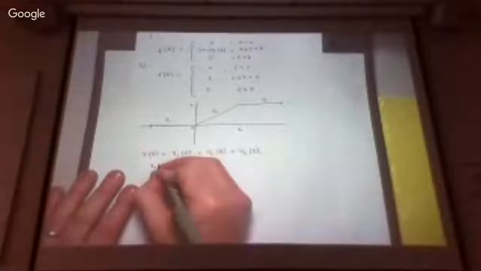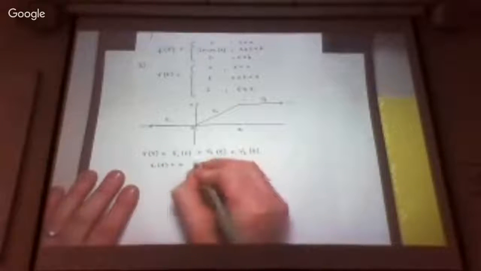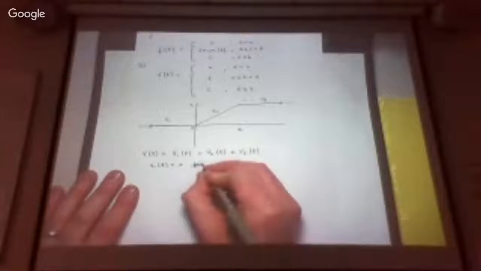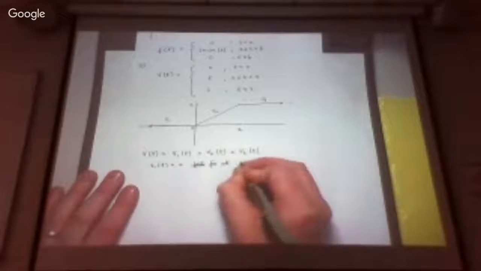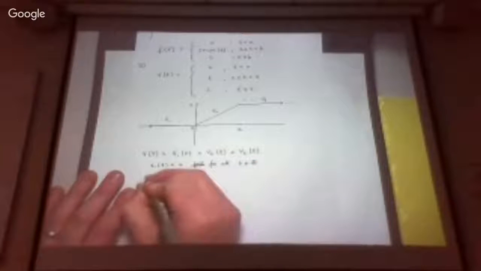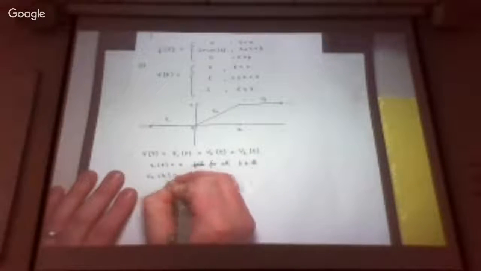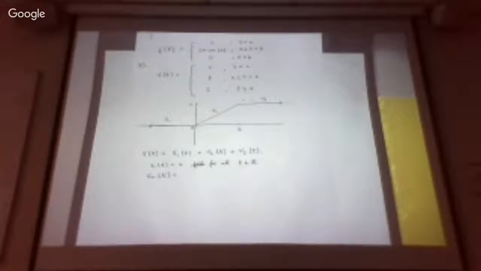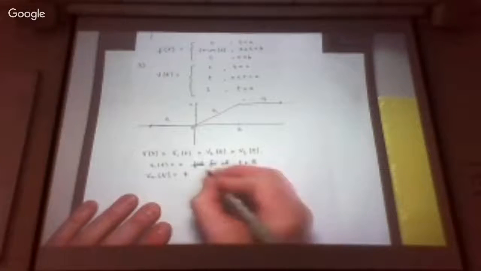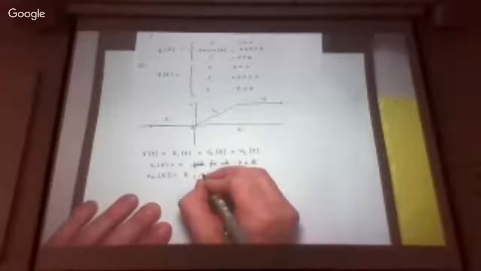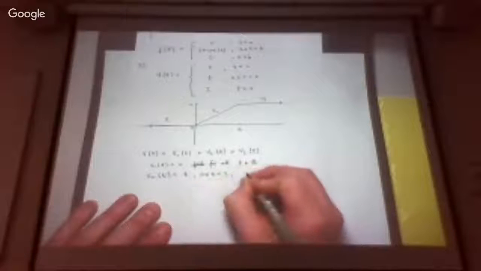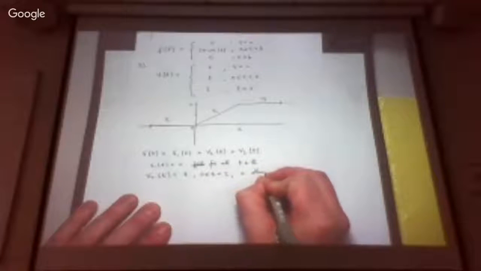where the function v1 of t is equal to 0 for all t. v2 of t is equal to t for t between 0 and 2 and 0 otherwise.